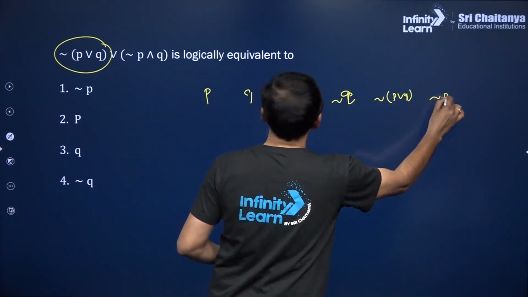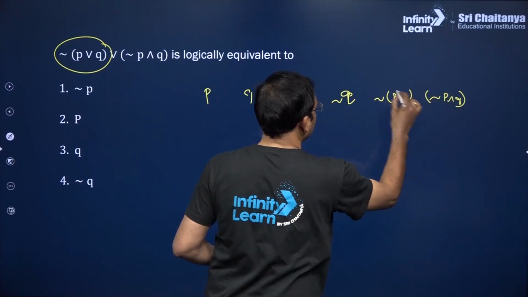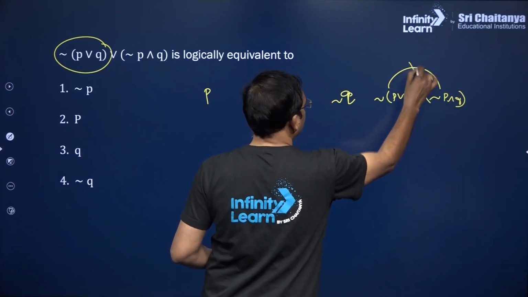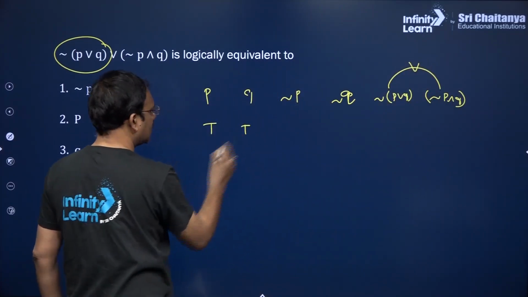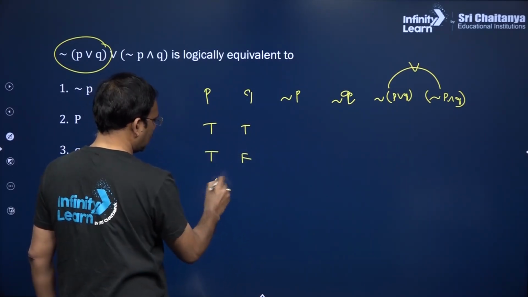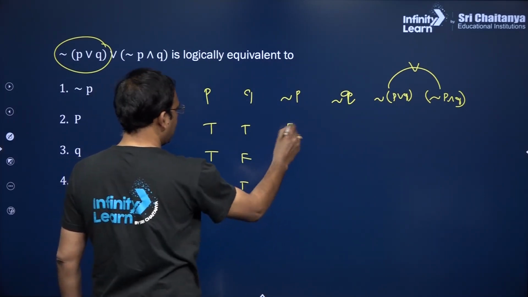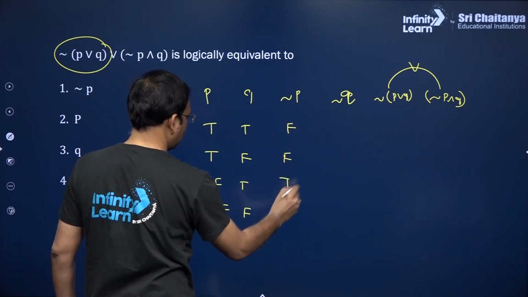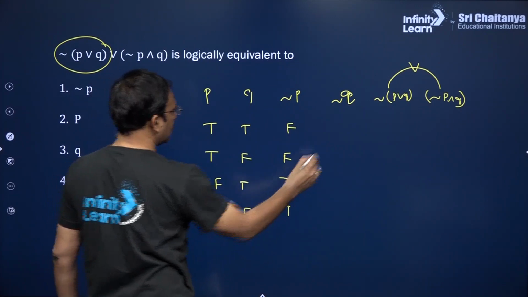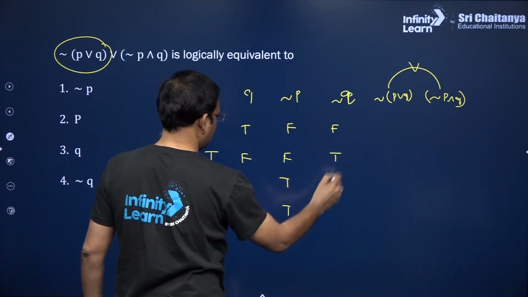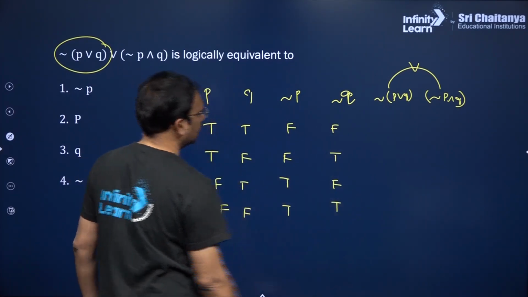Negation P and negation Q also you can write. So there are only 4 cases, my dear friends: true true, true false, false true, false false. Negation P is false, false, true, true. Negation Q is false, true, false, true.